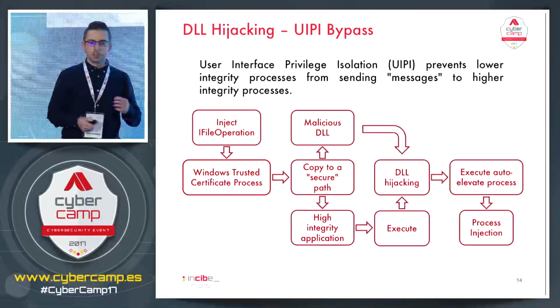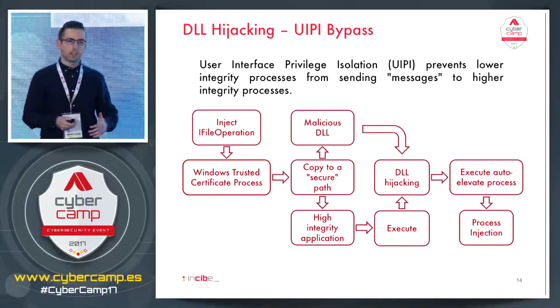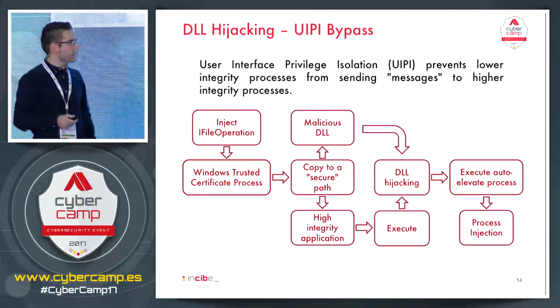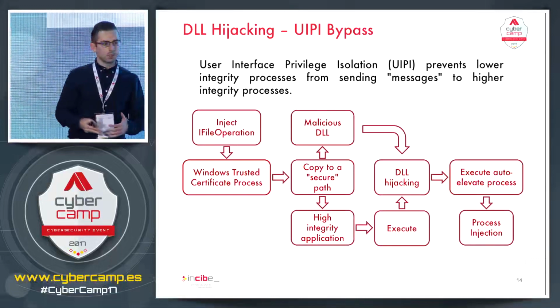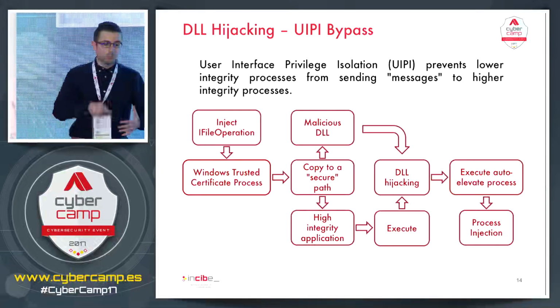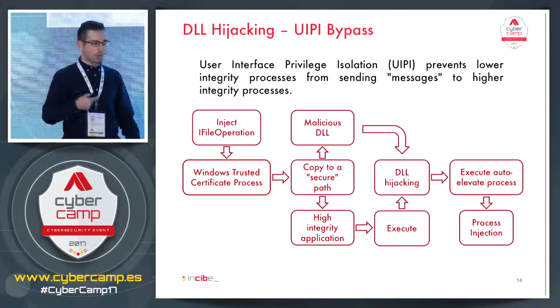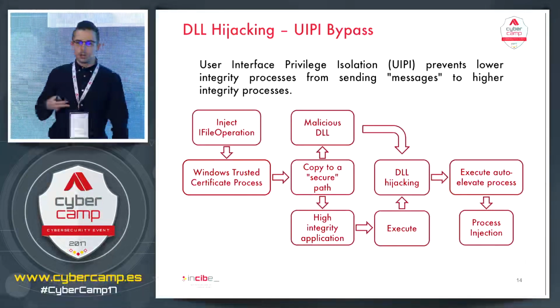The next example is about bypassing the User Interface Privilege Isolation, which prevents lower integrity processes from sending messages to higher integrity processes. We want to do this by injecting an IFileOperation within an auto-elevated process executed with the highest level of integrity.